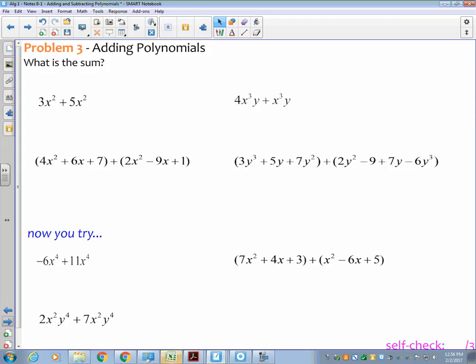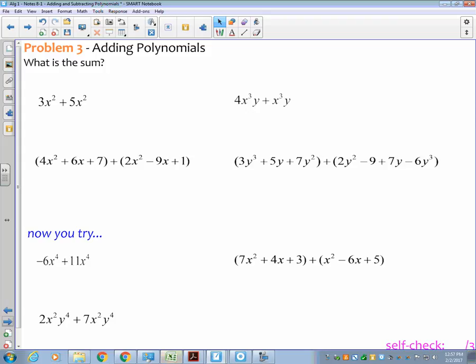So, John, to answer your question, if I had an x cubed and a y together, the operation is multiply. So this would be a 4th degree. Because I can't combine them together because one's an x and one's a y. But I'm going to add their exponents to tell me what degree it is.